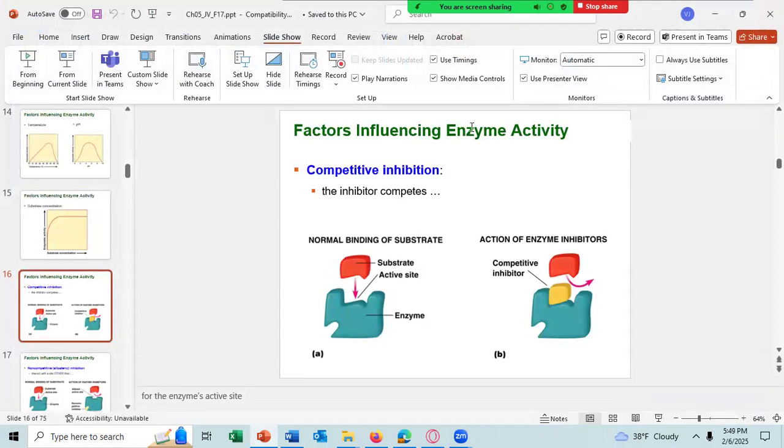Competitive inhibition is where the inhibitor competes with the substrate for the enzyme's active site. And so if you have enough of the inhibitor in there, it'll bind to the active site, tying up this enzyme, which cannot bind to the substrate.